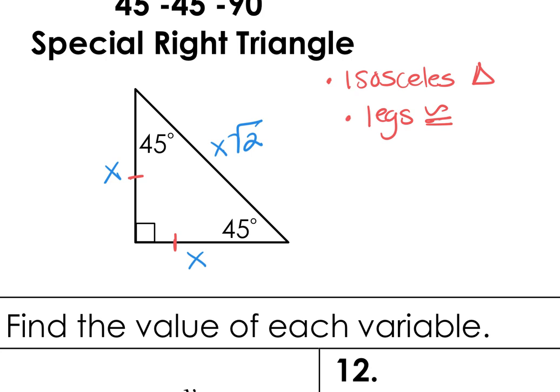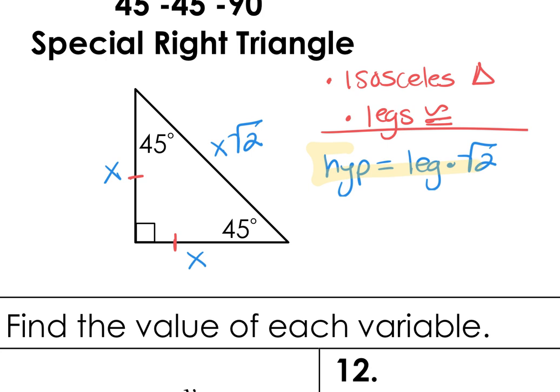Okay. Other pieces of information that are not going to be on the reference sheet, but that we do need to know, is how would we, let's say, find a hypotenuse if we have a leg? Well, the hypotenuse is going to equal a leg times the square root of 2. That is something I need to know because I'm going to have questions where I'll need to find a hypotenuse given a leg.